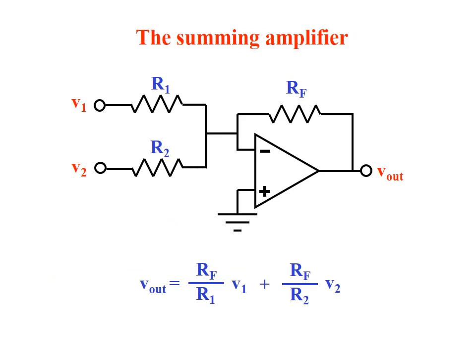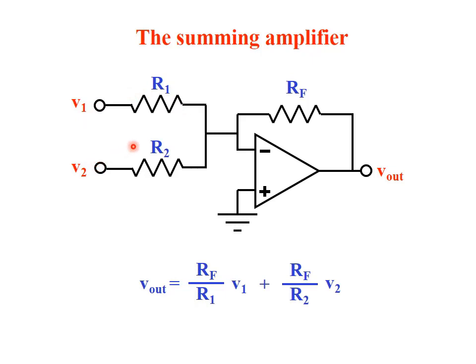The third application we need to cover in this course is called the summing amplifier. As you can see from the circuit diagram, the only difference between the summing amplifier and the inverting amplifier is that the summing amplifier has two inputs, V1 and V2.